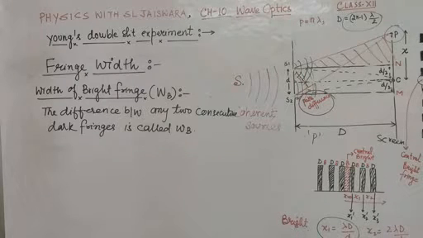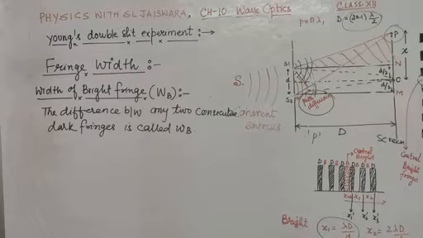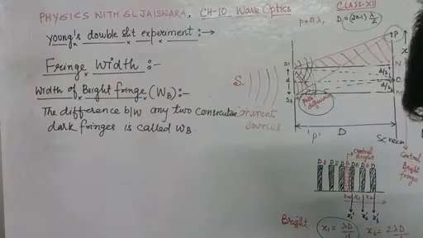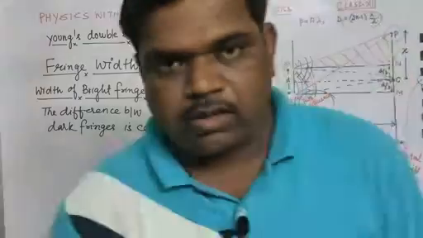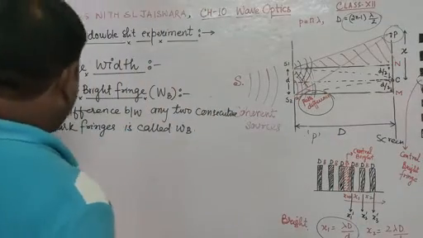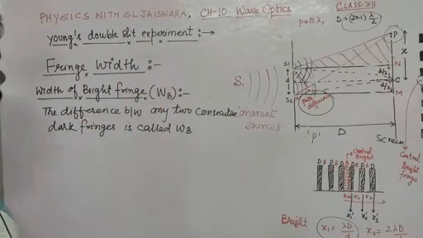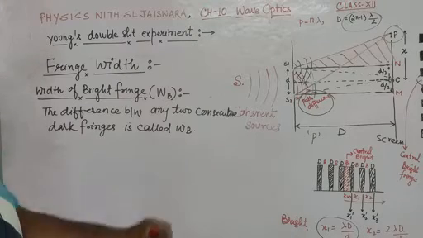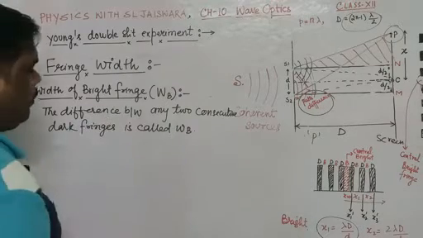So let us find out the width. The difference between any two consecutive dark fringes is called the width of bright fringes.